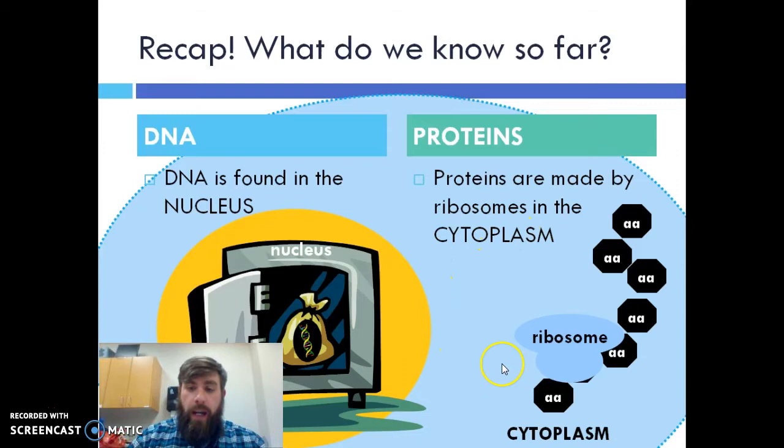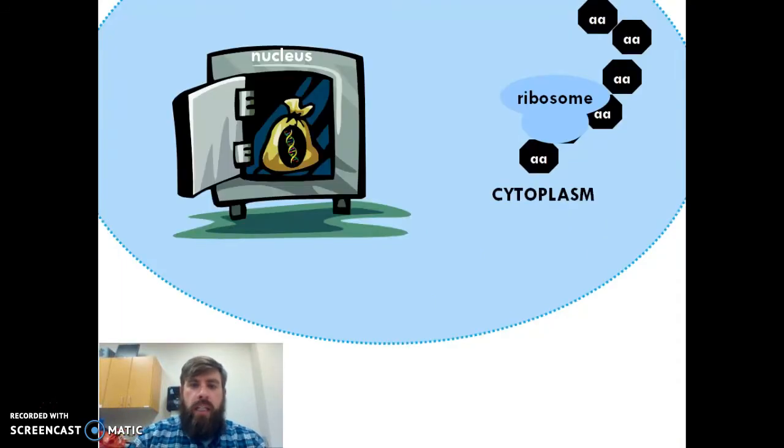We also need to remember that proteins are made of small molecules called amino acids. So that's from way back when. We know that amino acids are used to build proteins. So somehow we need to get from inside the nucleus to outside the nucleus, somewhere out in the cytoplasm or the rough ER.